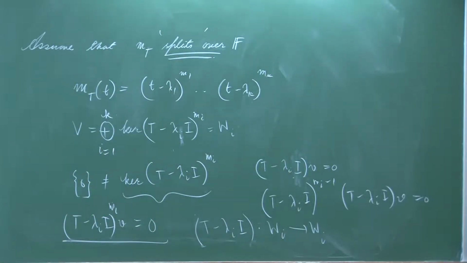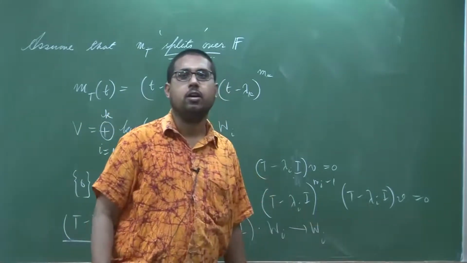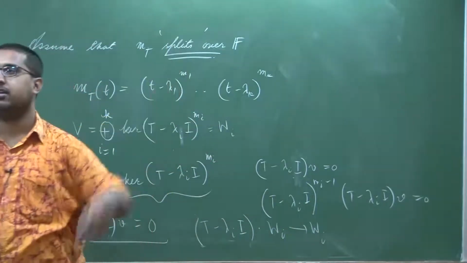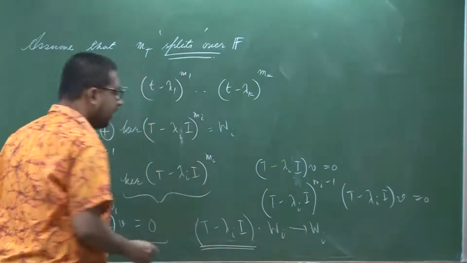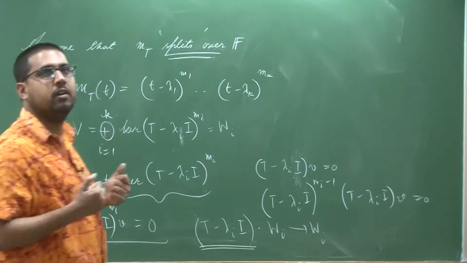Then from that matrix it is easy to get the matrix of T restricted to W_i. Therefore, if we can have a general method of reducing the matrix of a nilpotent operator to the simplest form, then our purpose will be served. Okay.